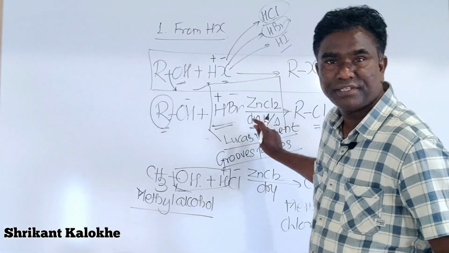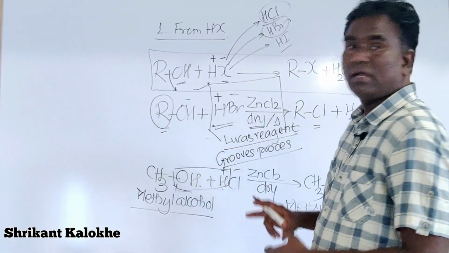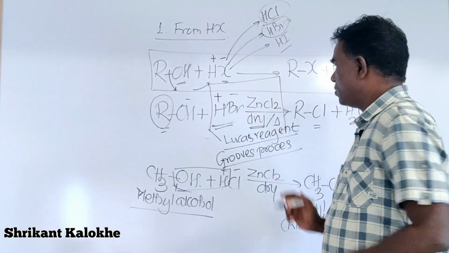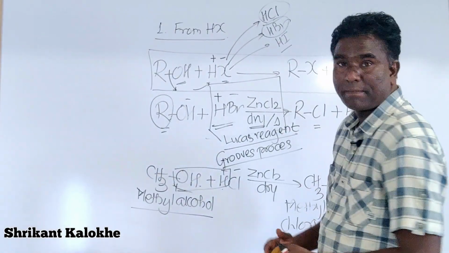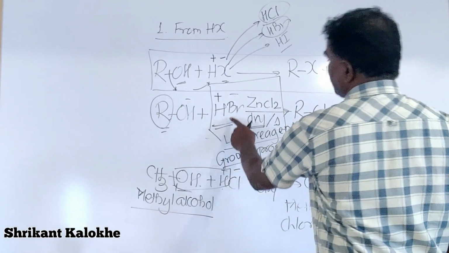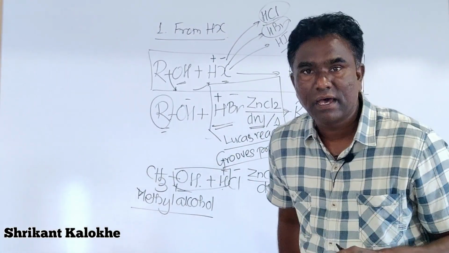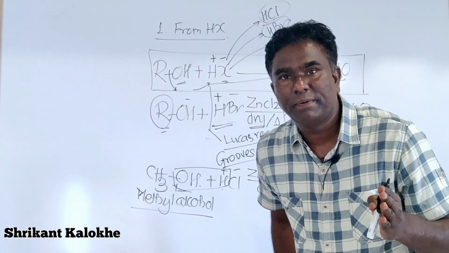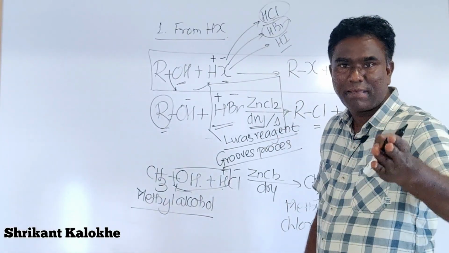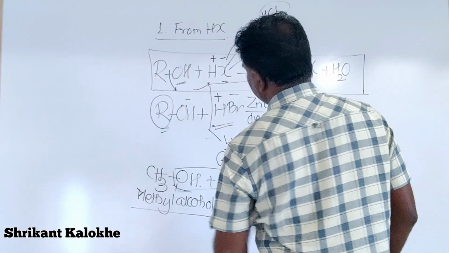Is it the same reagent, same catalyst or same mixture to be used here? No. Here there are some facts which are to be considered. First fact is that this HBr is not stable, so it has to be prepared in situ, in the same container where you are treating with this alcohol.